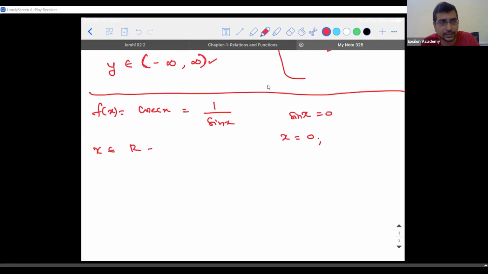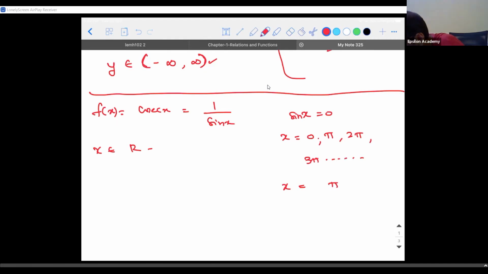Sin x is 0, I understood. What is the next value other than 0 that, when substituted in sin, will give me a 0? 180, sir. That is pi. Pi, 2 pi, 3 pi, it keeps on going like this, right? So x is equal to pi, 2 pi, 3 pi. Pi is common. What is multiplied with pi?